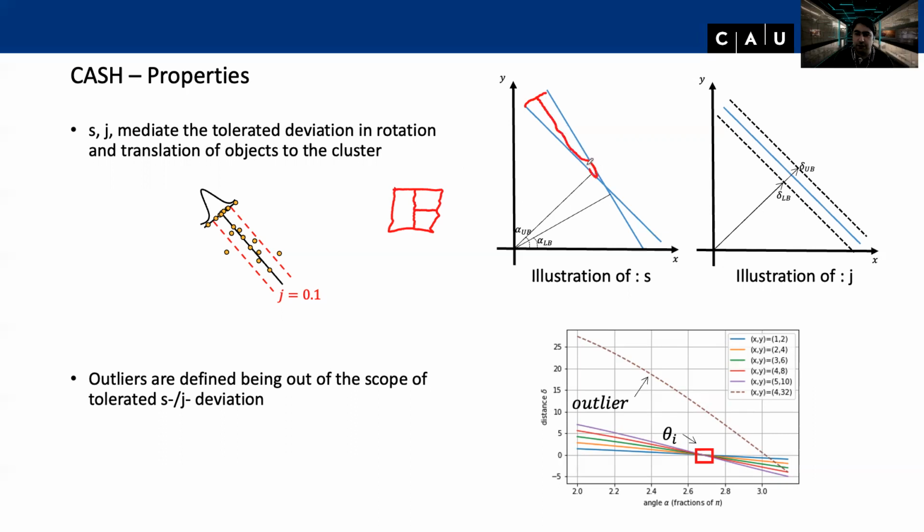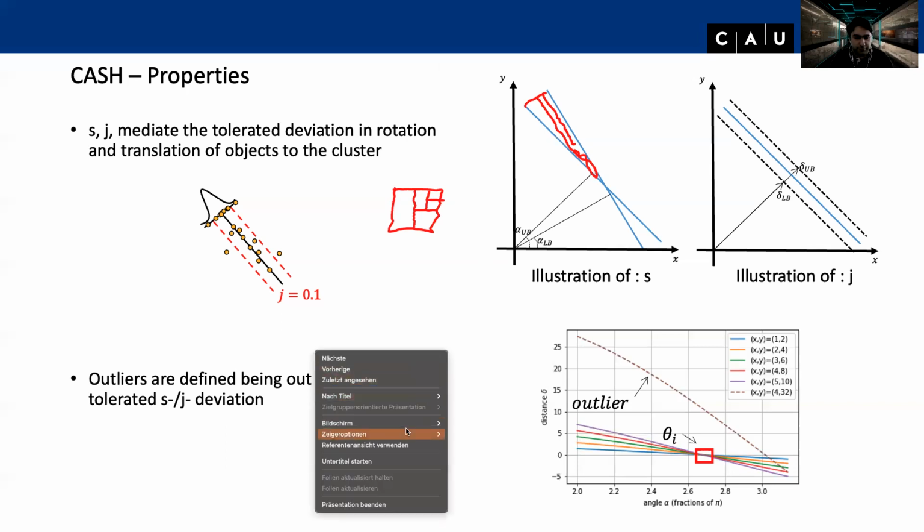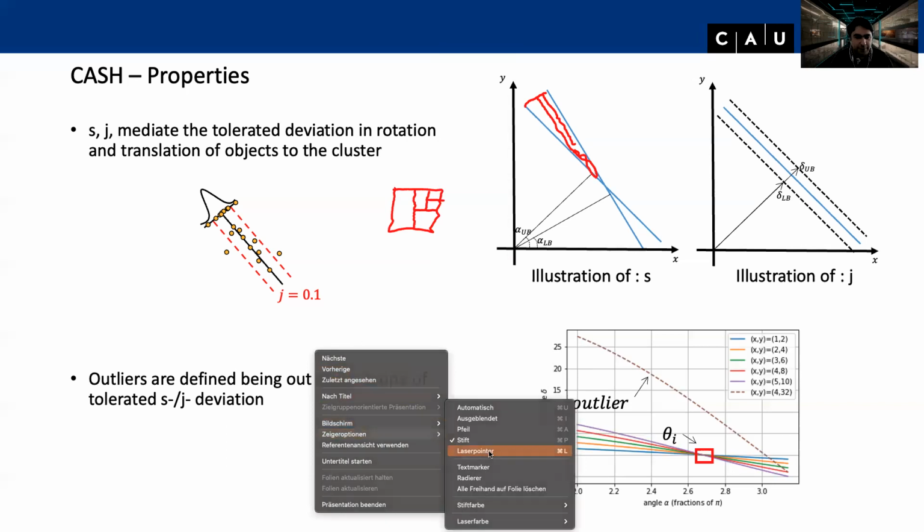So you would say I would only tolerate between this red line, which is more or less a line with a mouse, sorry. And if you go finer and finer, then you would tolerate less and less. So you would get finer and finer with respect to deviation. And now let's get back to the laser pointer.